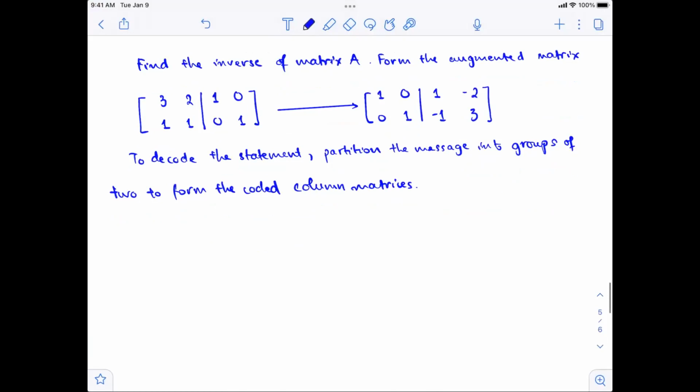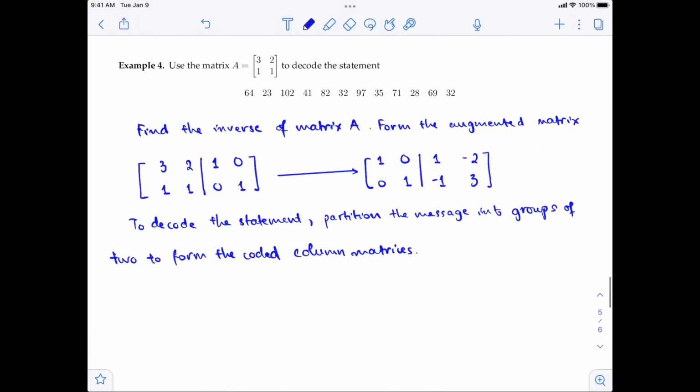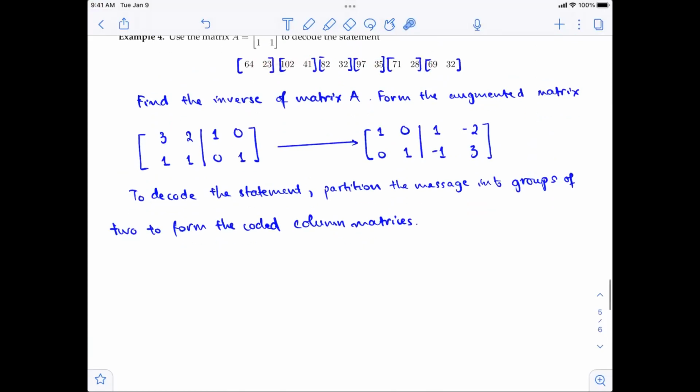All right, so now you partition into groups of 2 like this, and you turn this into column matrices.